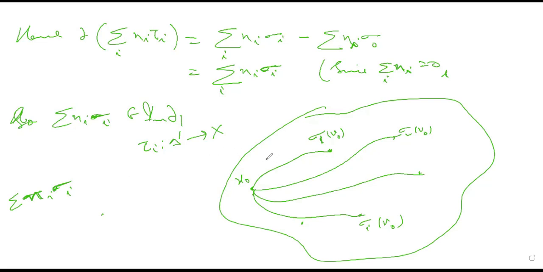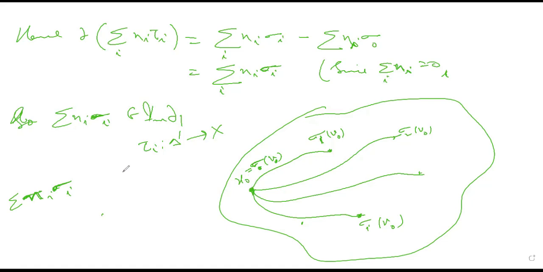So similarly, yes, what happens is that we can consider a singular zero simplex sigma naught, whose image is x naught.